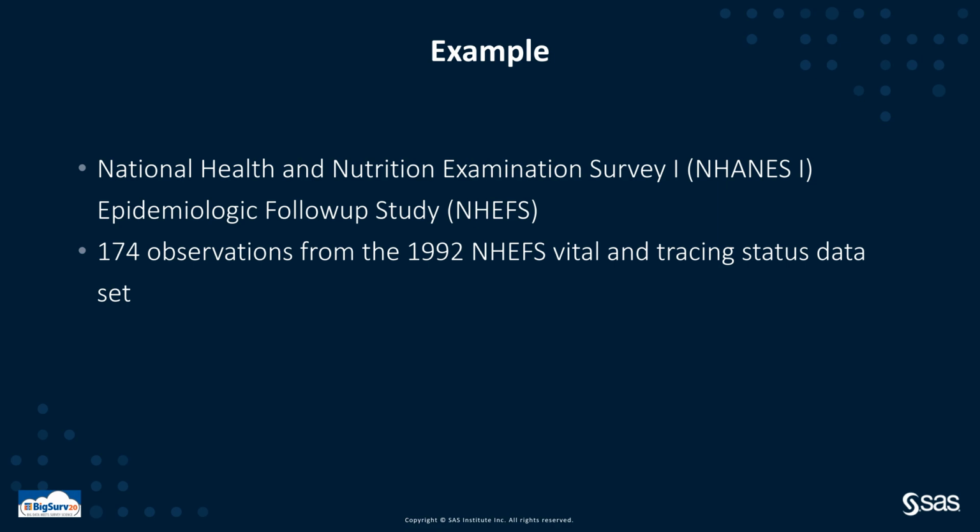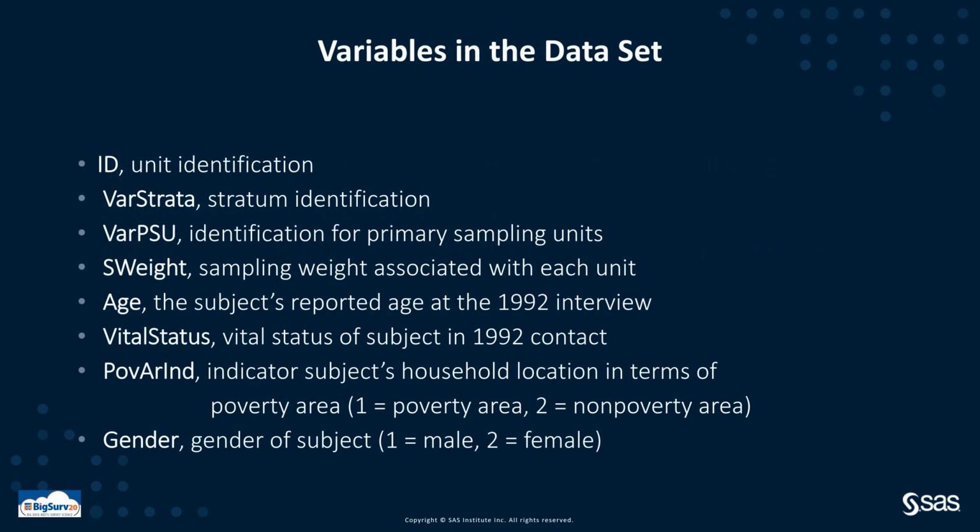Now let's look at an example to illustrate the usage of this macro. This example uses a dataset from a National Health and Nutrition Examination Survey. In this example, the response variable is vital status, and the couple demographic variables are gender and POVARIND, which identifies if someone lives in the poverty area.